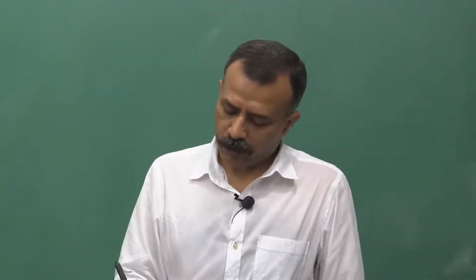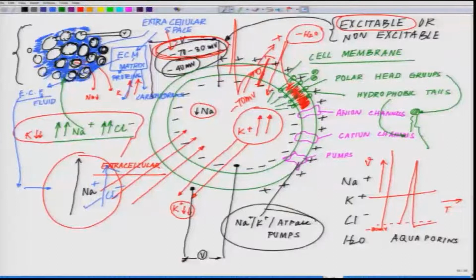So, now if you go back to the previous diagram, each one of these individual cells you can treat as capacitor membranes.